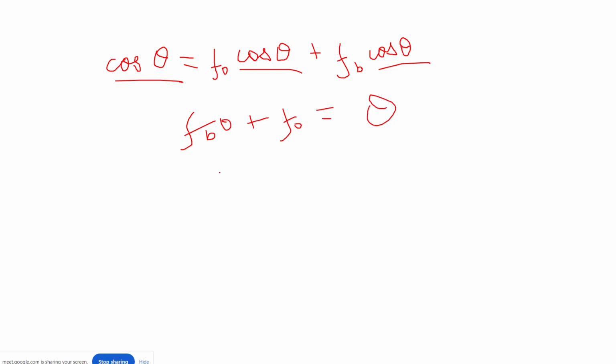And these fractions also add up to be 1. F naught is this, equals to 1. So this way, if you put the values here, you'll get one equation for that, and this will be your second equation. So if you try to solve these two equations, you'll get the answer for that question.